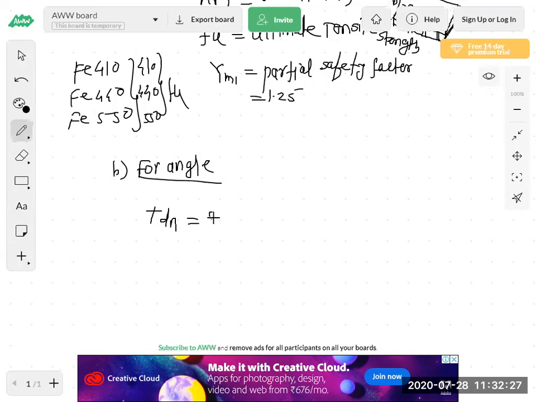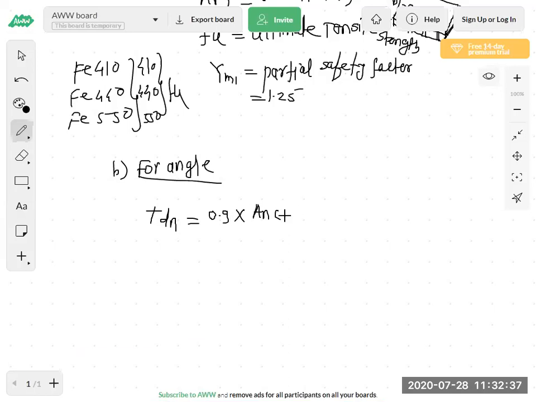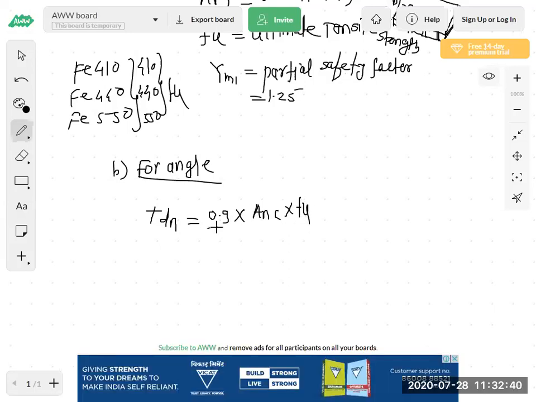So this is the big formula: 0.9 into Anc into Fu divided by gamma M1 plus beta into Ago into Fy divided by gamma M naught.